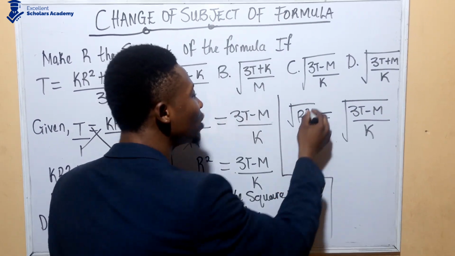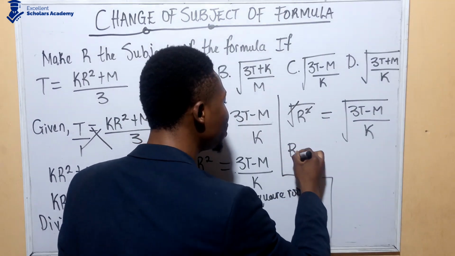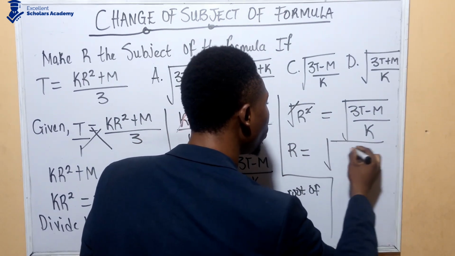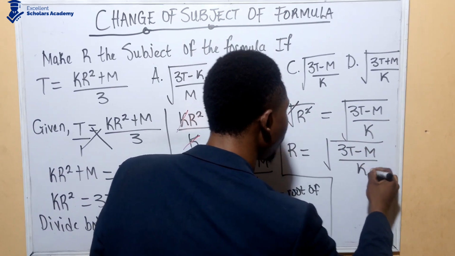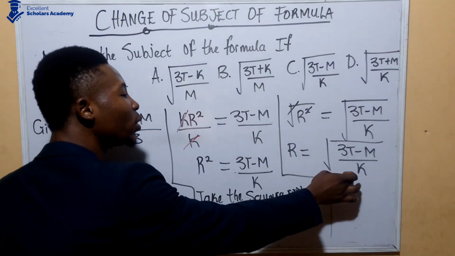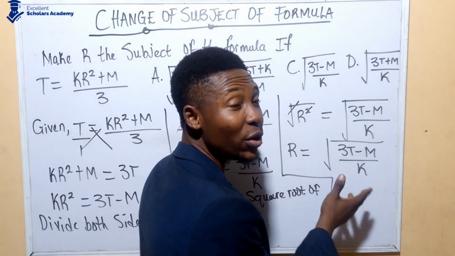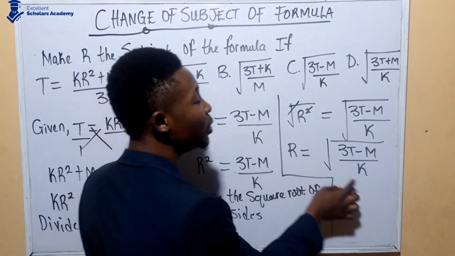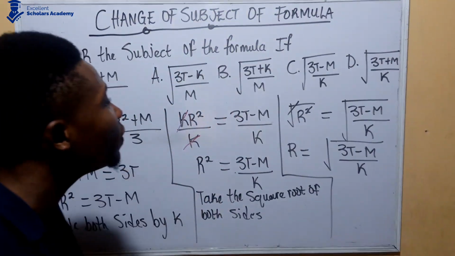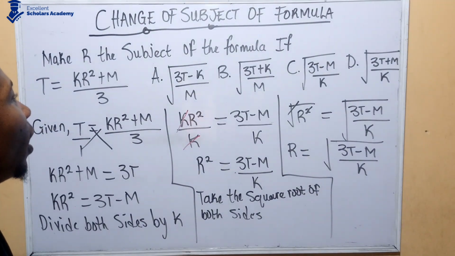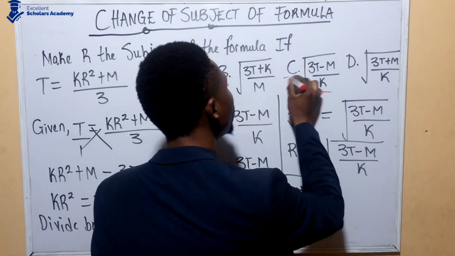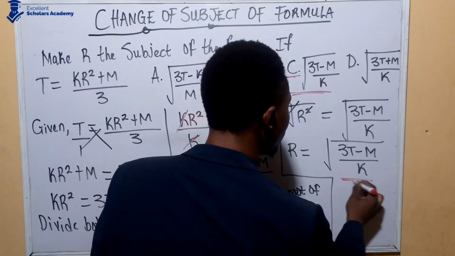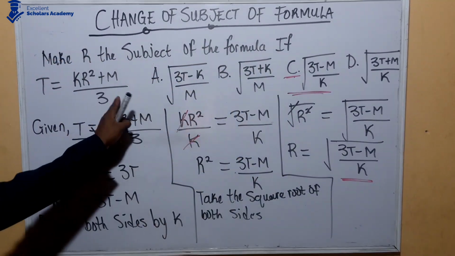So you notice that square root takes away square here. You're going to be left with r is equal to square root of (3C minus m over k). So this is what will be your subject of the formula when you make r the subject. Which of these options has this in it? That is option C. So option C is our correct answer.